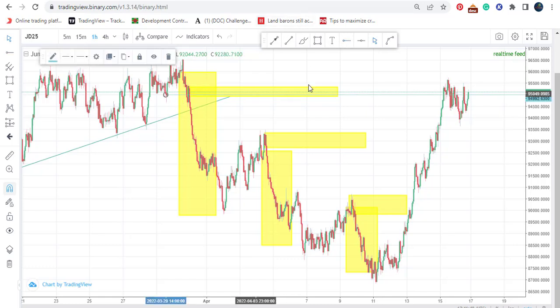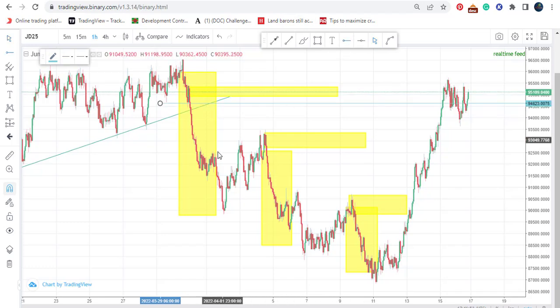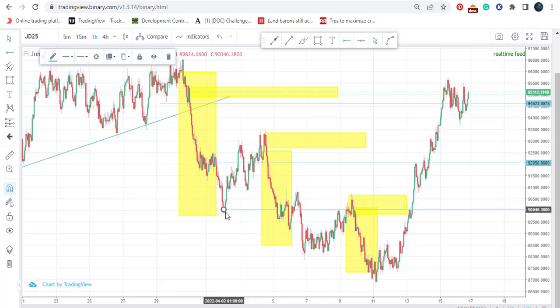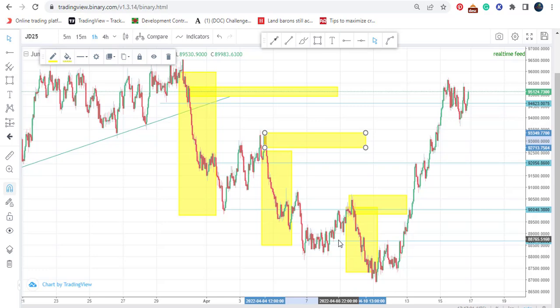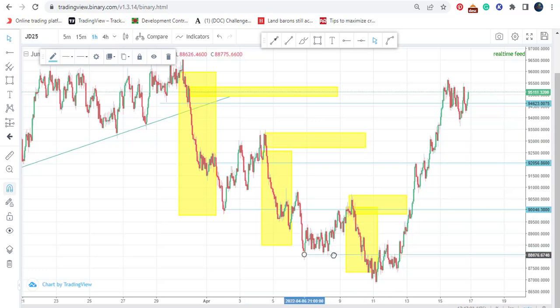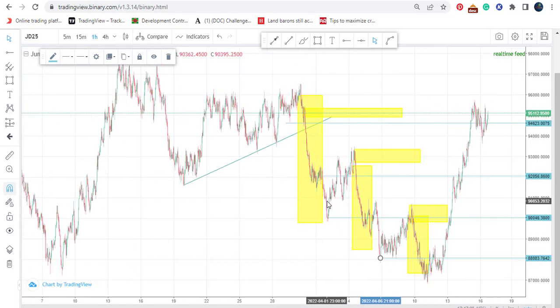So this is a flip zone. Why? Because we have a low being taken out there, then we have another flip zone at this area, then another one at this area, and this one at this area. What you are doing is waiting for price to react from any one of these zones.